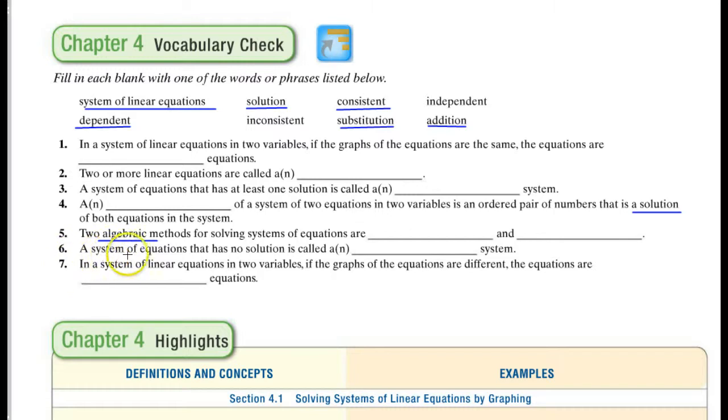Okay, number 6, a system of equations that has no solution. That would be inconsistent, and those would be lines that are parallel, and those graphs would be independent, which I believe is our next answer. In a system of linear equations in 2 variables, if the graphs of the equations are different, the equations are called independent, as they would be in the other 2.